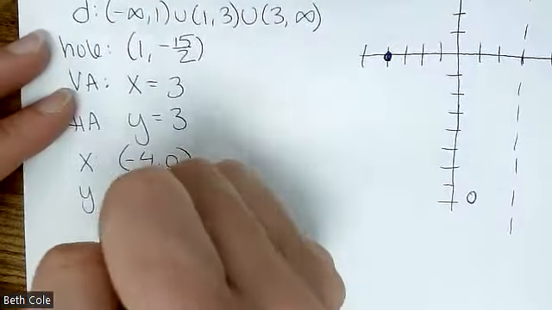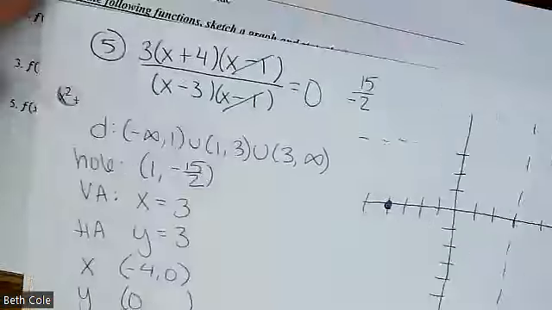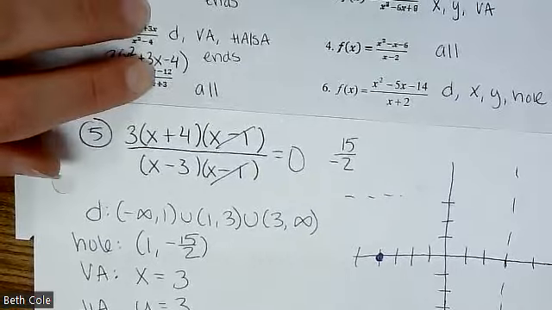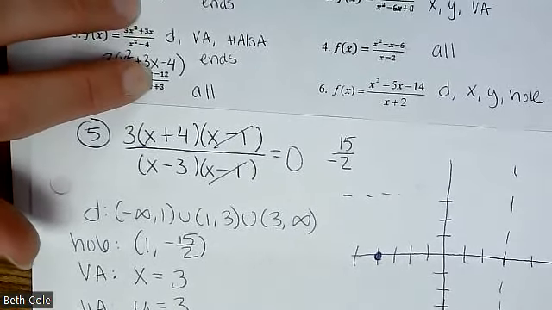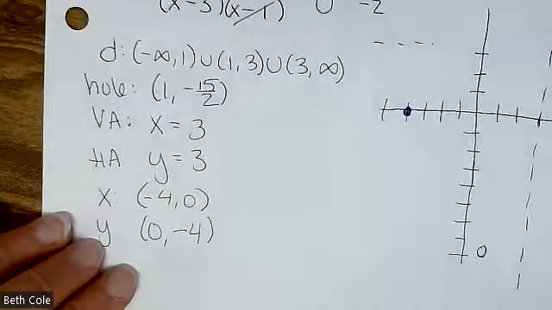And then y-intercept, you're going to plug in 0. And again, I sometimes find it easier to use the original one for that because you can just cover up all the x's. If I cover them all up, what am I left with? Yeah, -12/3, which would be -4. So actually, weirdly, they're the same thing.